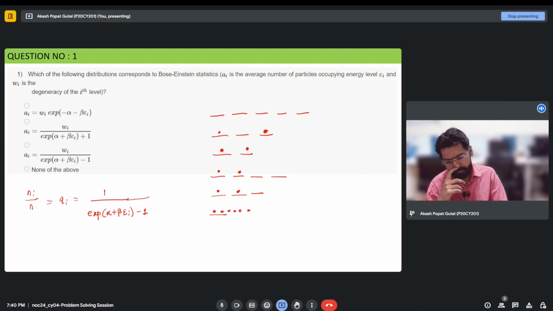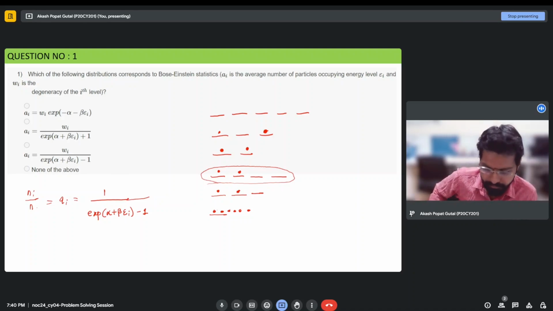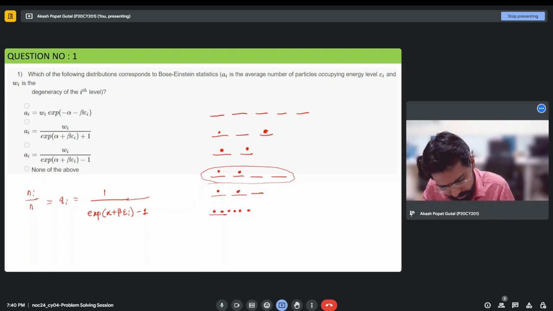And this fraction, if we allow more number of energy levels for the same energy, will actually change in multiples of the number of levels that we are keeping as degenerate. So it will be multiplied by the degeneracy of that level.